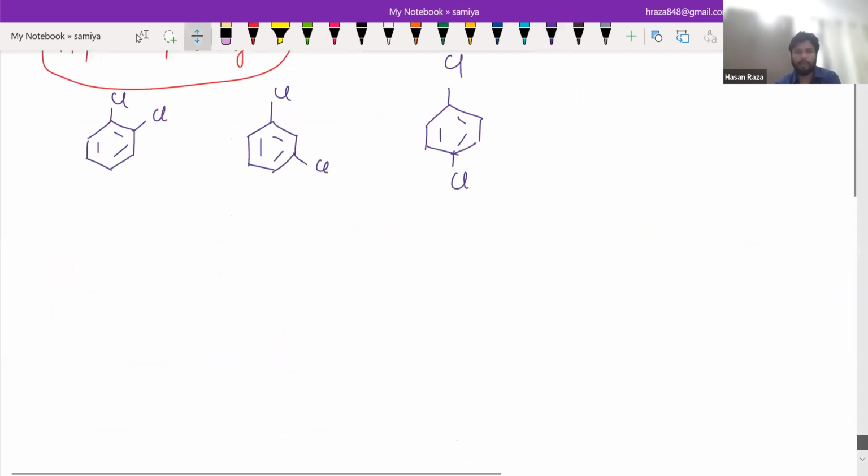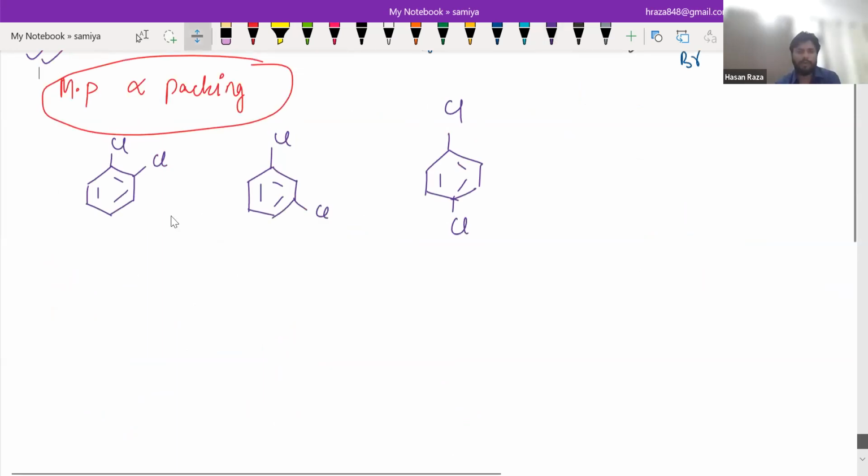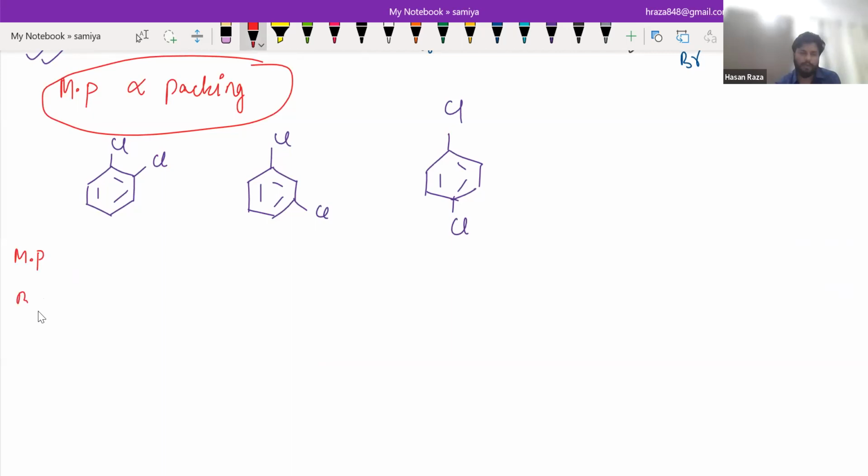Now I am going to compare these compounds for melting point as well as boiling point. So I'm going to take them as A, B, and C. You know that the packing of para molecules will be higher because they are symmetrical. So for melting point, C will have the highest melting point, then B, and then A. What about boiling point?